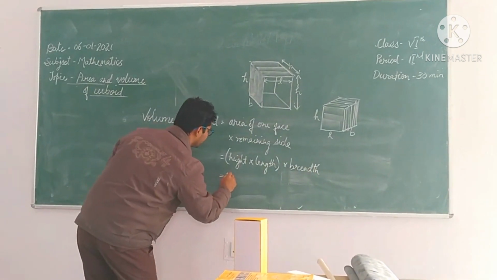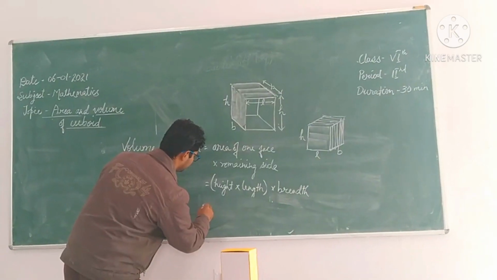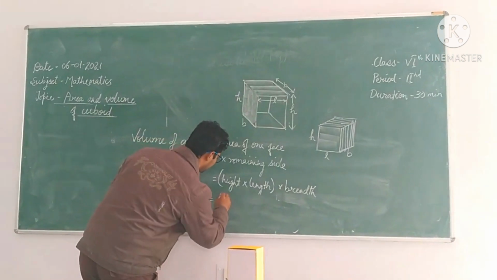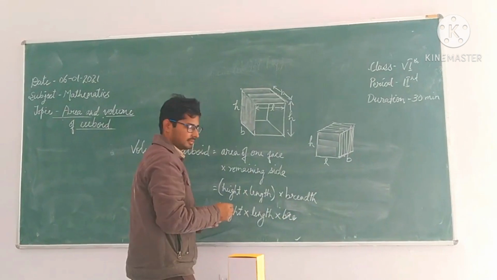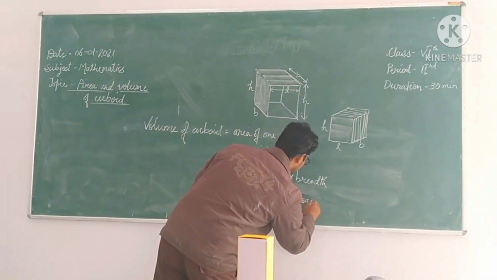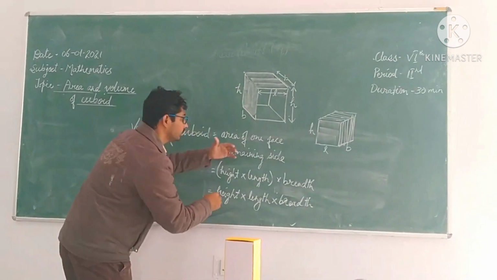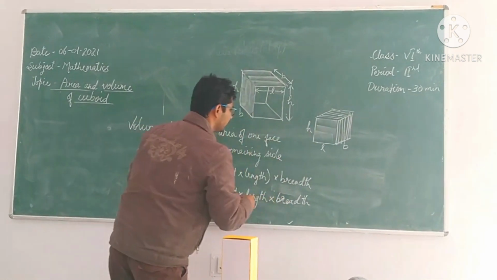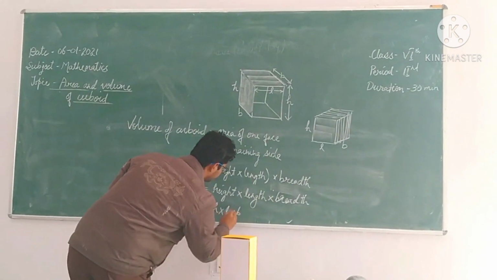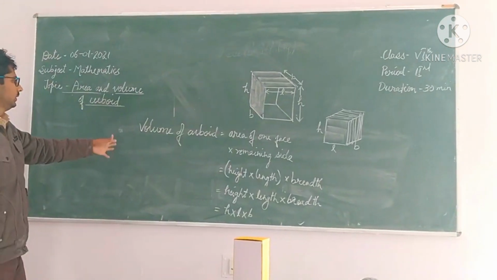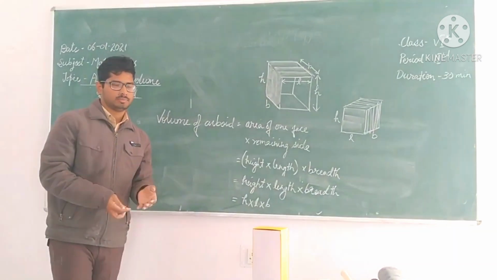So what will the volume be? Height into length into breadth. As it is written on the blackboard, it will be h into L into B. So this is the formula of volume of cuboid, that is length into breadth into height.